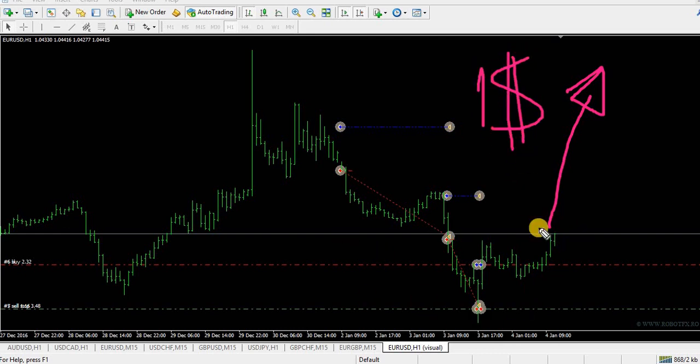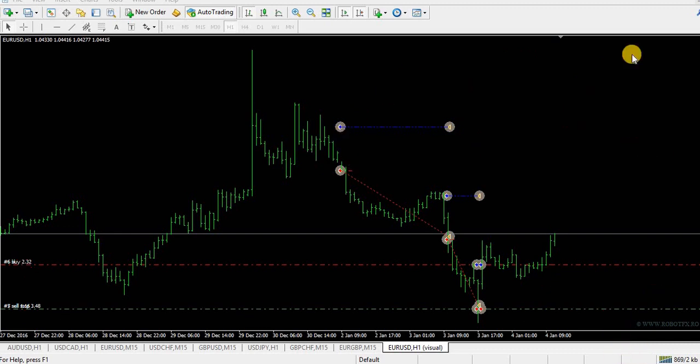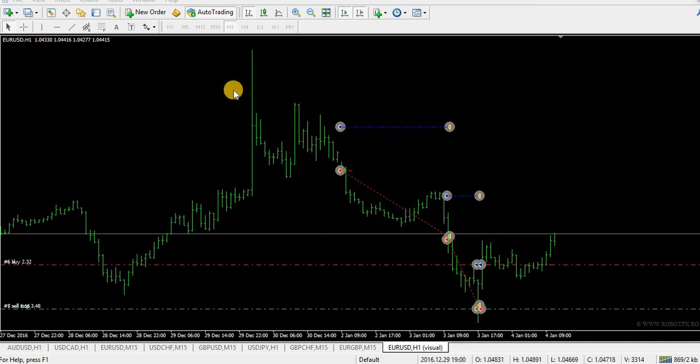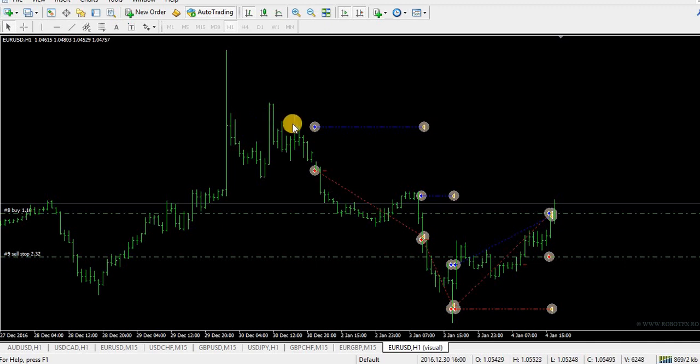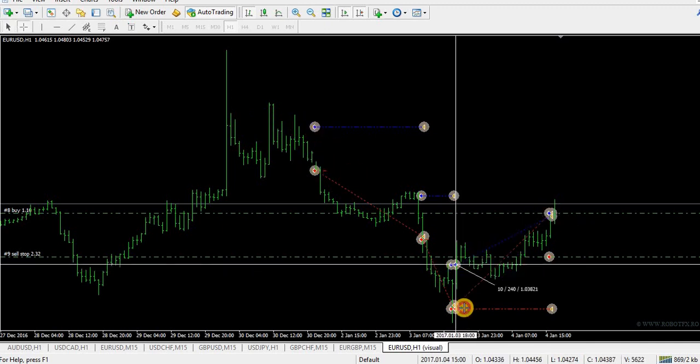And the expert advisor will close the entire basket, or the price will drop down, and hopefully it will not open, it will not trigger another buy, and it will go down and trigger the other sell, and will make the money from selling. It didn't happen that way. Anyway, the expert advisor closed the basket at break even, which is a good thing.